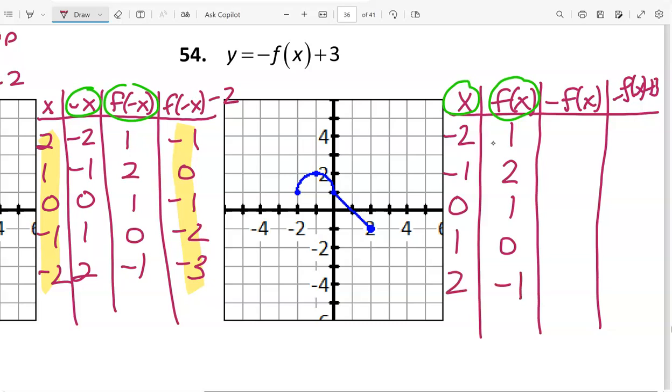Now moving to the right in the table, we just perform each operation. Take the opposite, and then add 3.